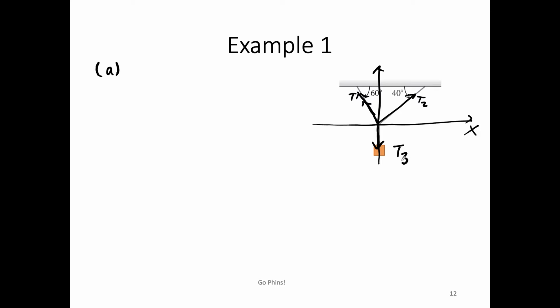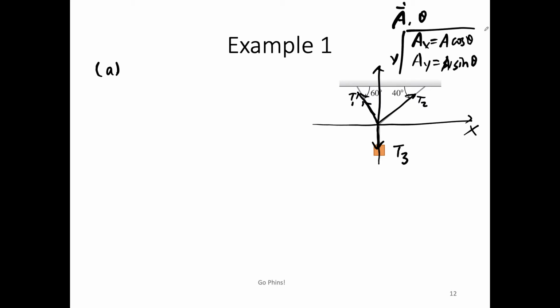If a vector A has angle theta, then Ax is A cosine theta and Ay is A sine theta.